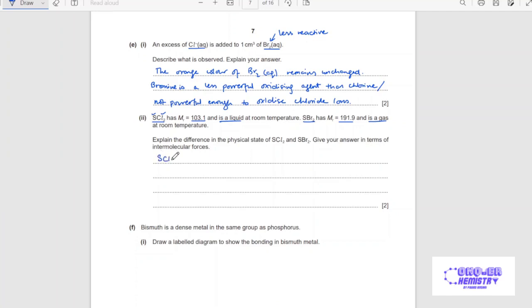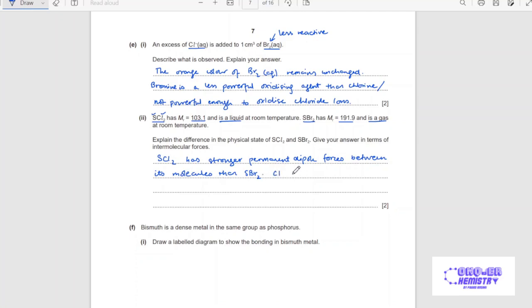So we will say that SCl2 has stronger permanent dipole forces between its molecules than SBr2. And the reason why the permanent dipole forces are stronger is because chlorine is more electronegative than bromine, being higher up in the group. And so there's a higher electronegativity difference between sulfur and chlorine.